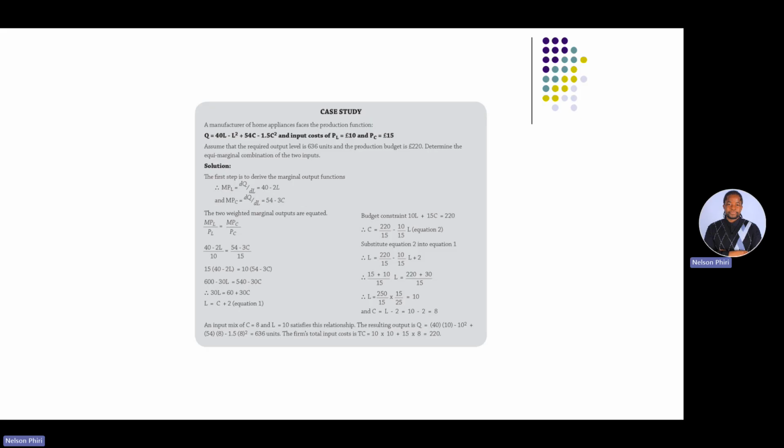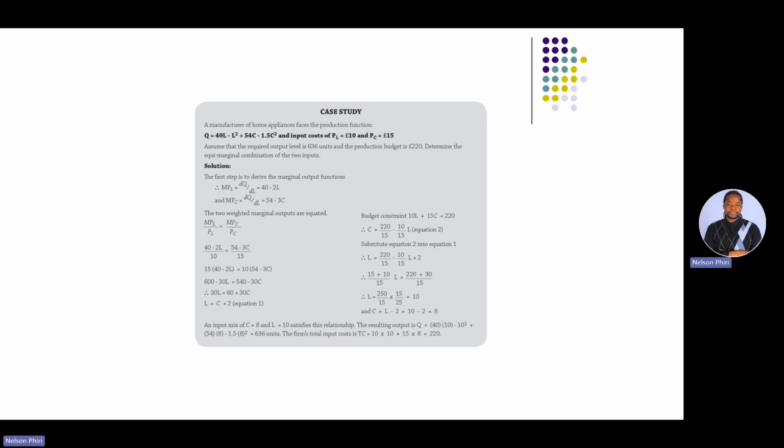So in that particular case, the first step will be to derive the partial derivatives that we used in the previous section. They become handy there. So you get your marginal productivity of labor. You differentiate with respect to labor, so you get 40 minus 2L. Then you also differentiate with respect to your capital, so there's 54 minus 3C.